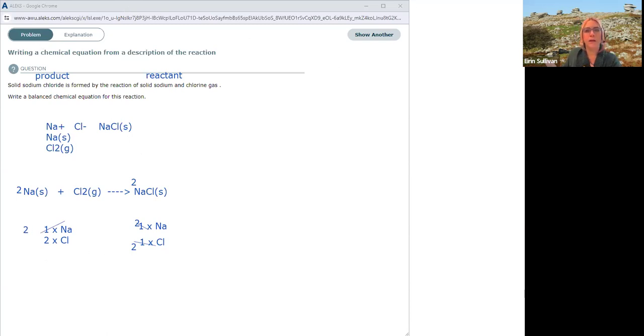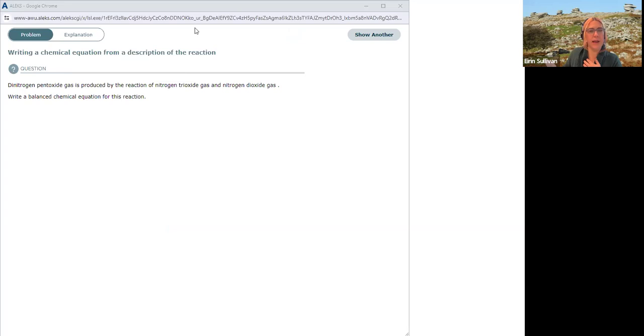Okay, so let's have a look at another one and make sure we are able to do this. Oh, lovely, some molecular compounds. Dinitrogen pentoxide is N2O5, and it's a gas. It's produced by the reaction of nitrogen trioxide, NO3 gas, and nitrogen dioxide gas, NO2 gas.